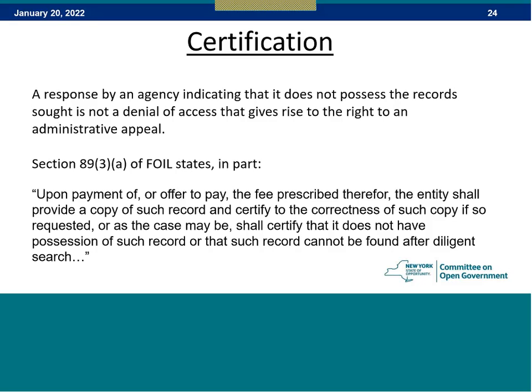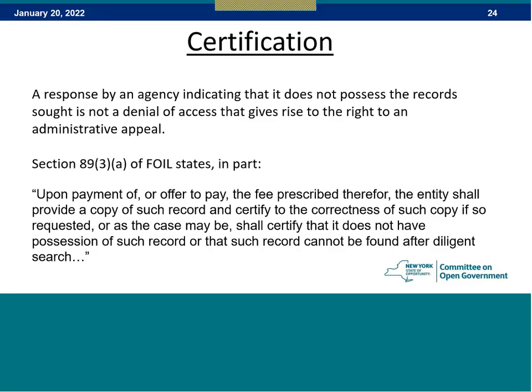There's also a certification requirement that comes up when an agency states that it does not possess the records sought or that they cannot locate the records sought. Section 89(3)(a) of FOIL states in part that upon payment of or offer to pay the fee prescribed, the entity or the agency shall provide a copy of the record and certify to the correctness of the copy.